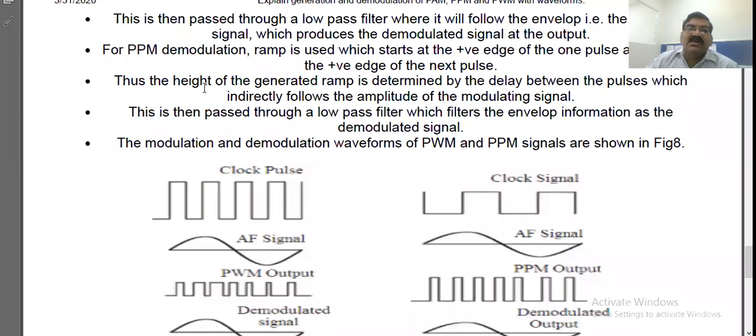Thus, the height of the generated ramp is determined by the delay between the pulses, which indirectly follows the amplitude of the modulating signal. This is then passed through a low pass filter. So the low pass filter is common everywhere, which extracts the envelope information as the demodulated signal.